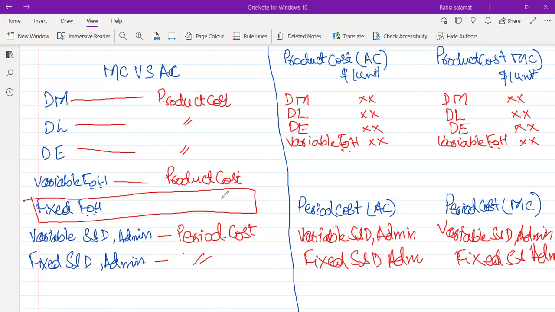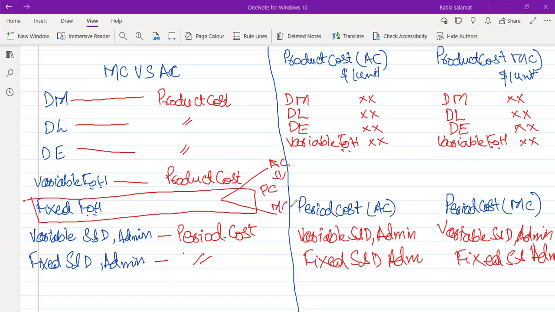Keep in mind there are two major classifications of cost, either product or period. According to the concept of absorption costing, factory overheads are treated as part of your product cost.